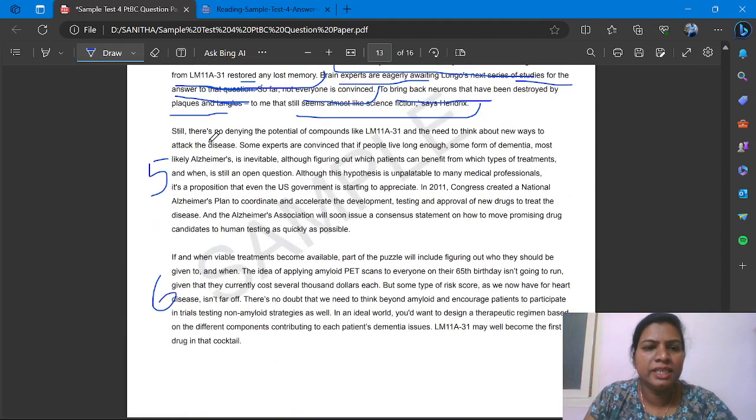Still there is no denying the potential of a drug like L and W, and the need to think about new ways to attack the disease.